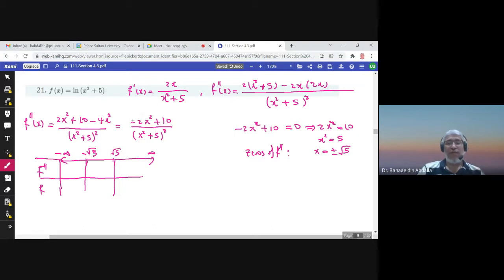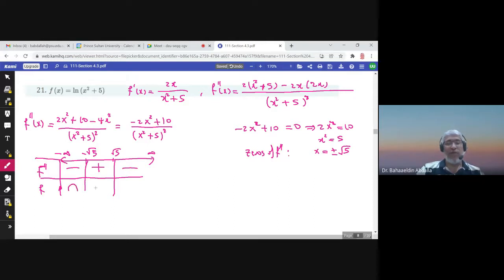And notice that the coefficient of x squared is negative. If you listened to the first part, we said when the coefficient of x squared is negative, between the two roots the sign would be positive, and outside we have negative. And of course, you can replace x by 0. You will find it's 10, positive. So you can just do it by choosing points here and substituting in f double prime.